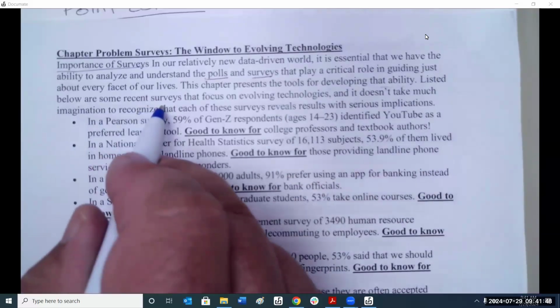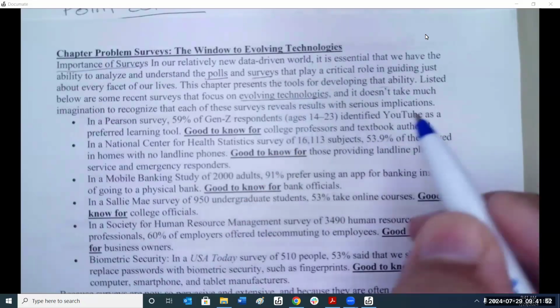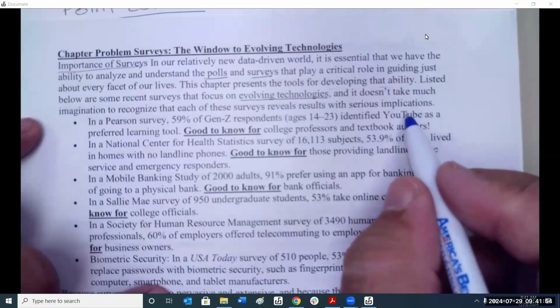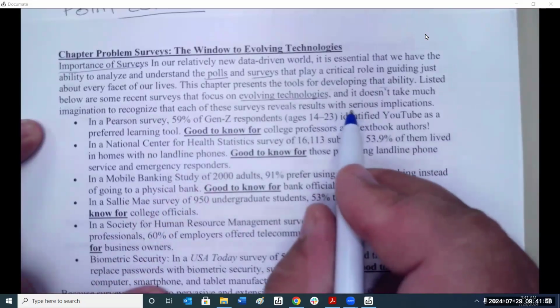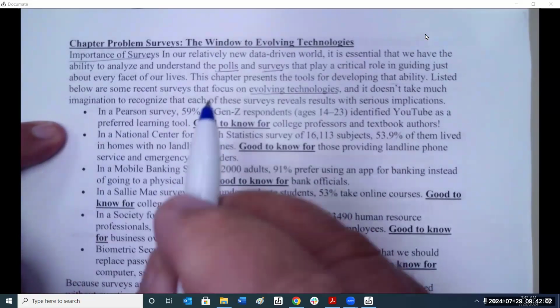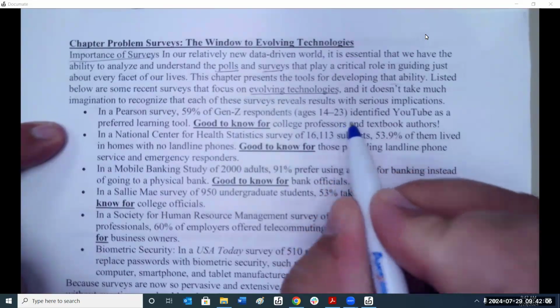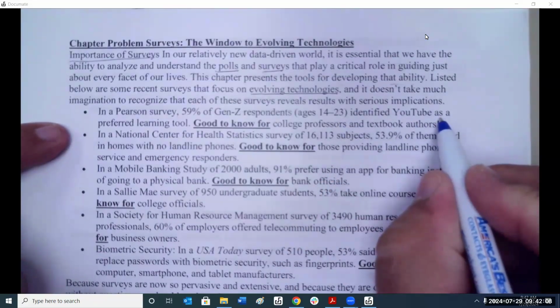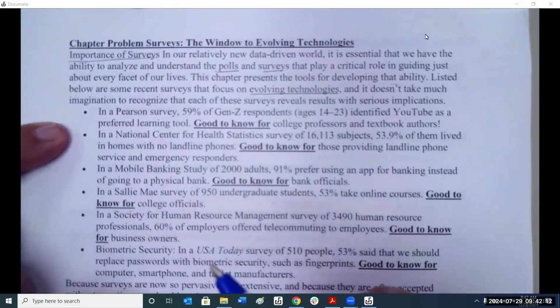Listed below are some recent surveys that focus on evolving technologies. It doesn't take much imagination to recognize that each of these surveys reveals results with serious implications. First one, Pearson survey. 59% of Gen Z respondents, ages 14 to 23, identify YouTube as a preferred learning tool.